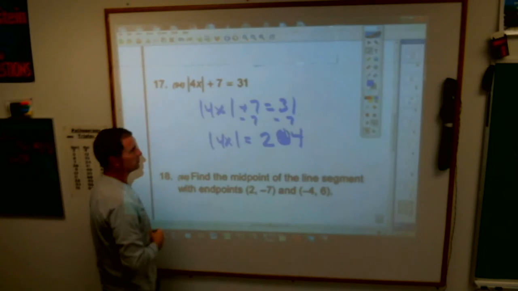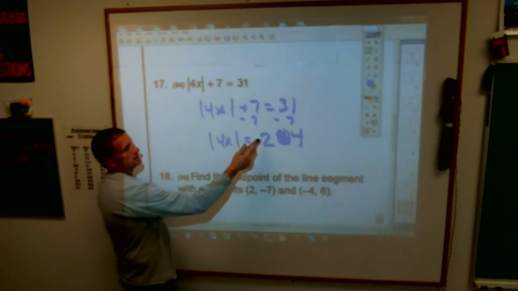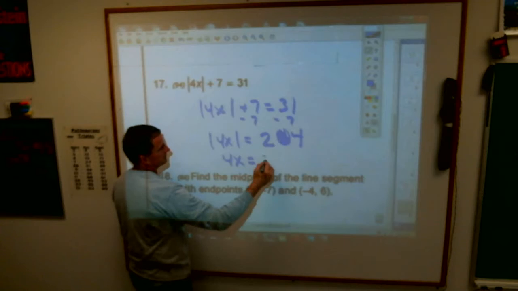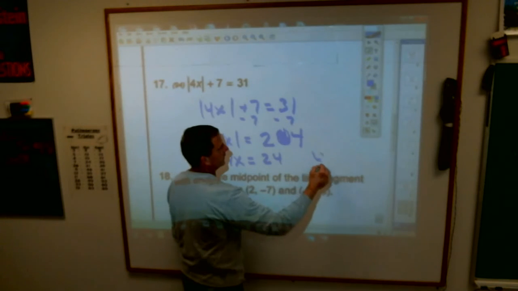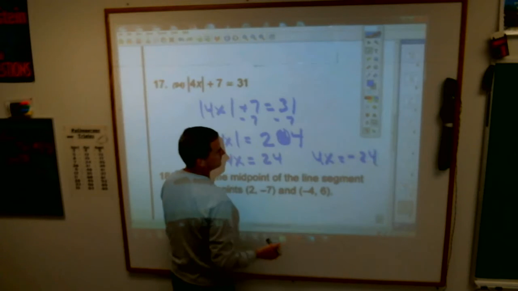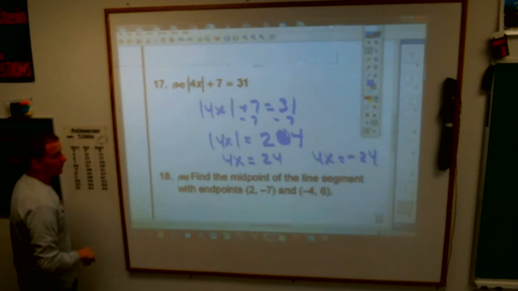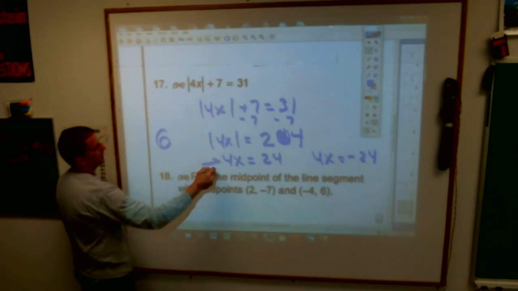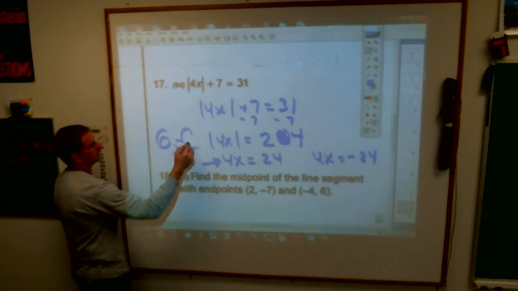Positive 24 and negative 24 end up giving you positive 6 for the first one and negative 6 for the second one.